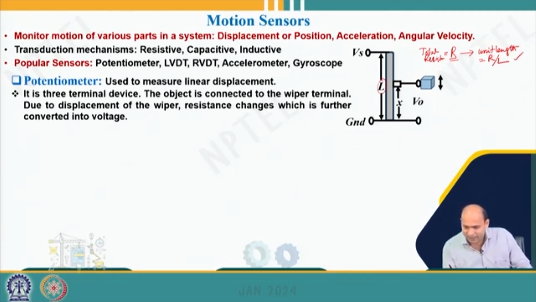And since this object is connected to the wiper, depending on the object movement the wiper will be sliding across its length. So essentially my x will vary depending on the object movement, is it not?